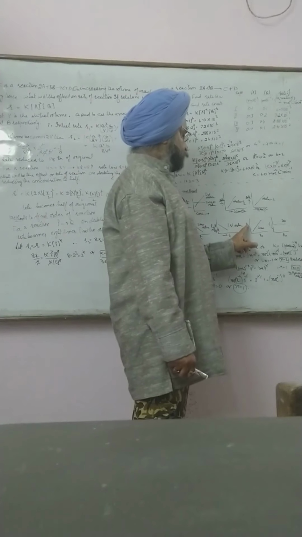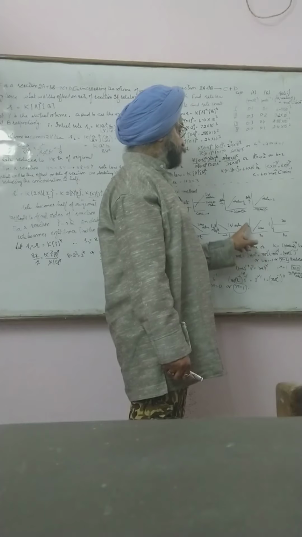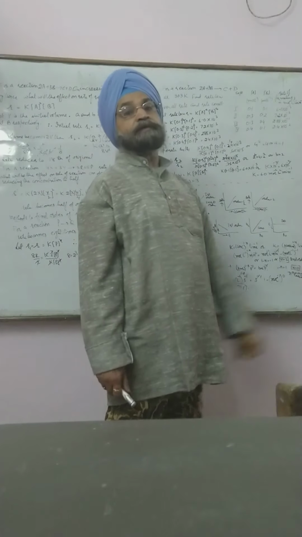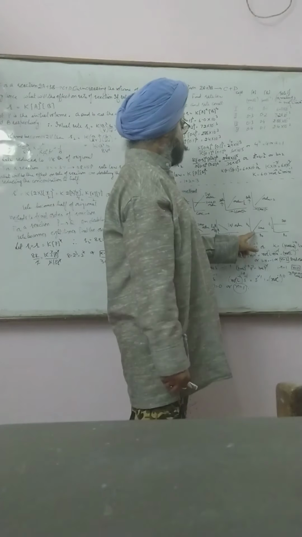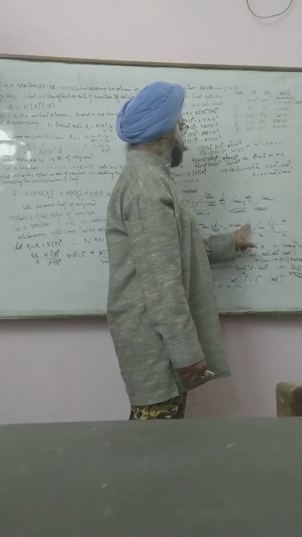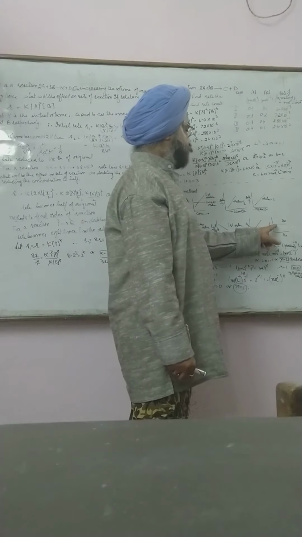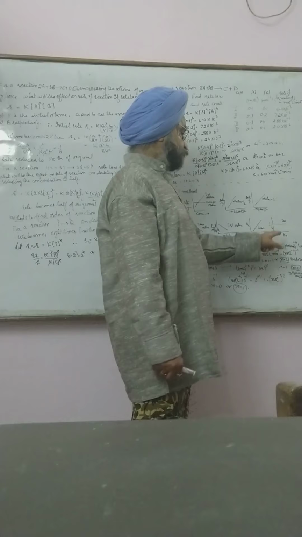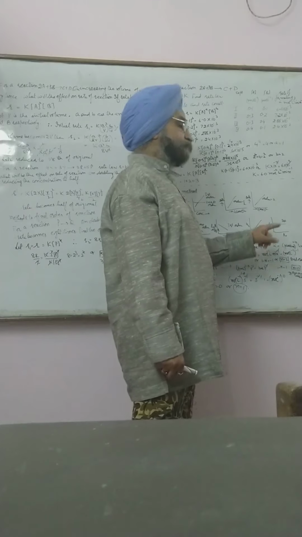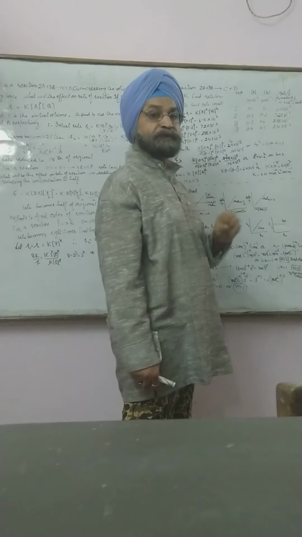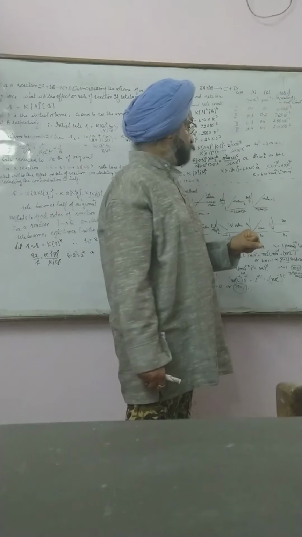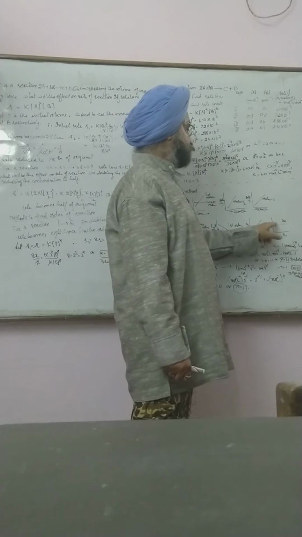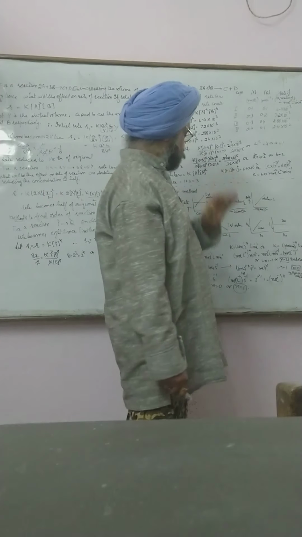From half-life period against initial concentration: half-life period is related to the initial concentration of reactant. If it increases uniformly, then it is a zero order reaction. If it is constant, you know that for first order reaction, T half is 0.693 upon K. There is no A0, meaning it is constant, and then it is a first order reaction.